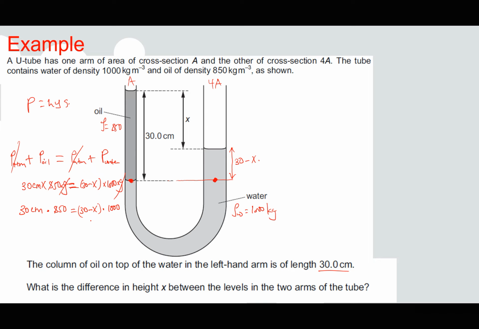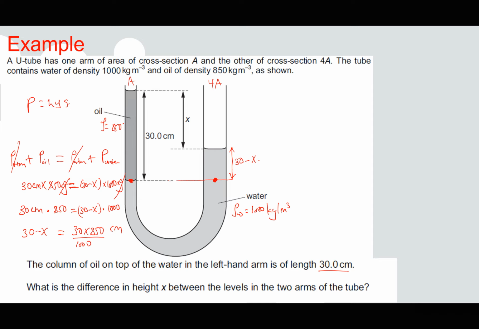So I'll first divide 30 times 850. So you have that 30 minus x is equal to 30 times 850. Remember, this is still centimeters. Divide by 1000. I've ignored the units of 850 and 1000 because they are the same, kilograms per meter cubed.